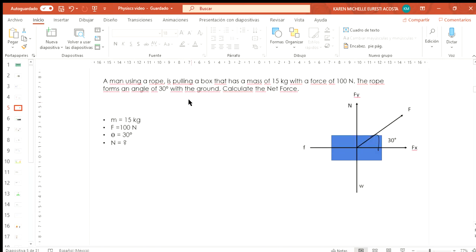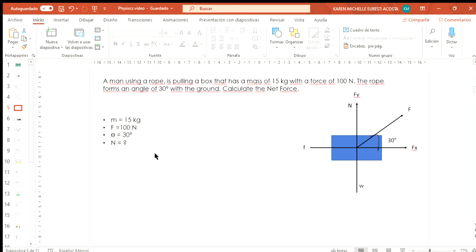We have this problem that says a man using a rope is pulling a box that has a mass of 15 kilograms with a force of 100 newtons. The rope forms an angle of 30 degrees with the ground, and they ask us to calculate the net force.